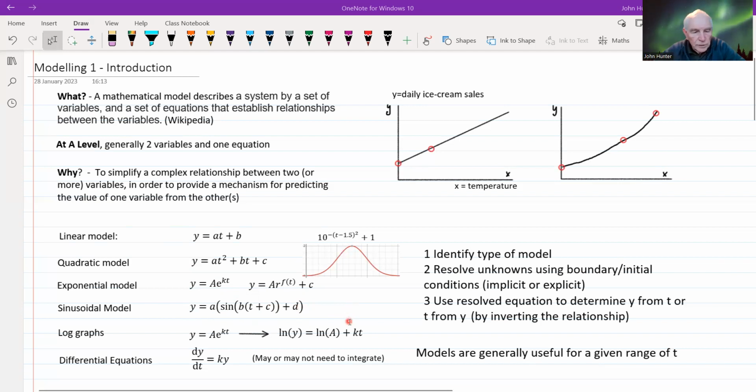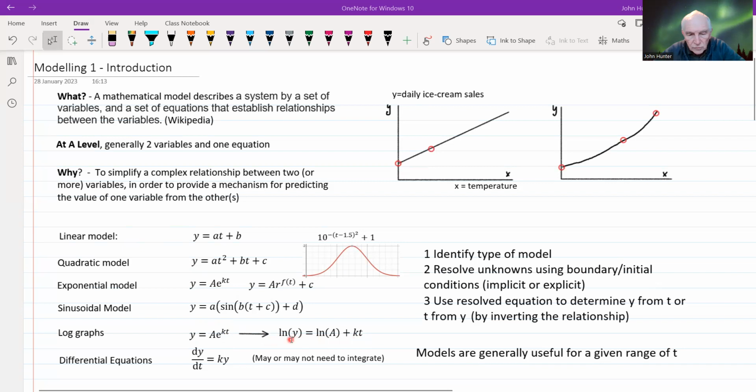So what else can we say? Log graphs, we use log graphs as well, because these could be useful. If we take this kind of relationship, and we take, in this case, the natural log of both sides of the equation, we get something that looks like this. Well, exactly this, in fact.